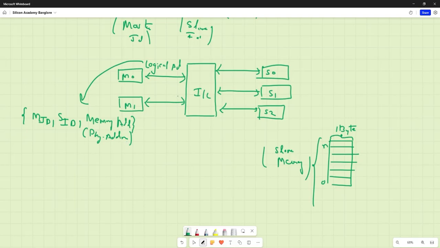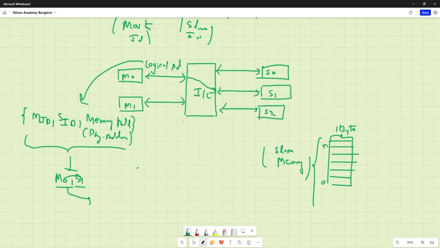With this logical address, the interconnect knows that the ID of the master is master 0 and the slave is slave 1. The interconnect comes to know that master 0 is going to interact with S1, and it will directly establish the interconnection between these two devices.